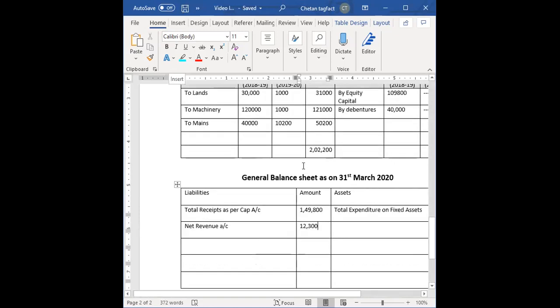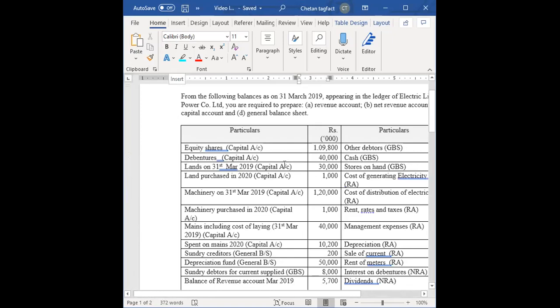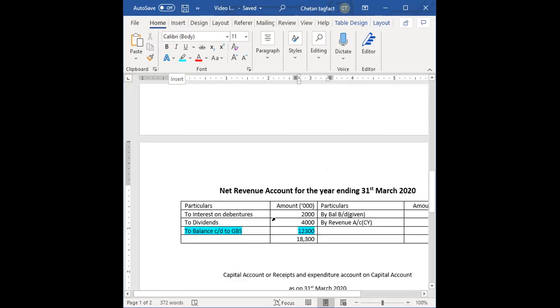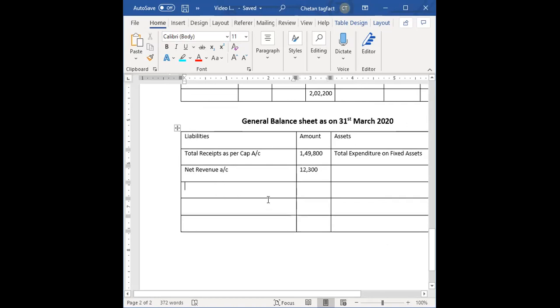Now we look into the balances in the problem and the ledger accounts given in the problem, and we consider only the assets and liabilities. So we have sundry creditors and depreciation account, which has to be taken onto the liability side of your general balance sheet. Only these two items are going to come here.